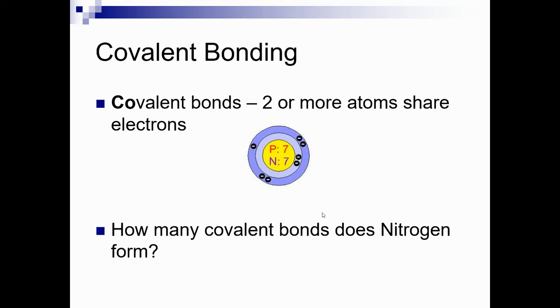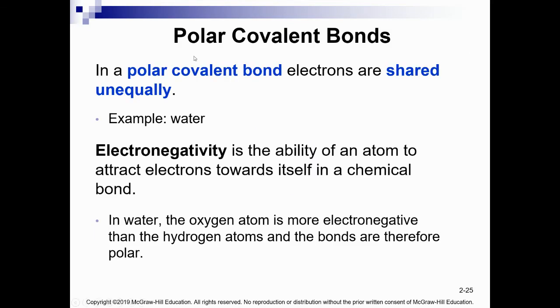Because it's got 5 in its outer shell. So it needs 8 in its outer shell. Not 8 total, but 8 in its outer shell. So 3 more. So nitrogen can form up to 3 covalent bonds with hydrogen. Remember that hydrogen has 1, so put 3 hydrogens. NH3 is ammonia. And that forms pretty regularly to make everybody happy.